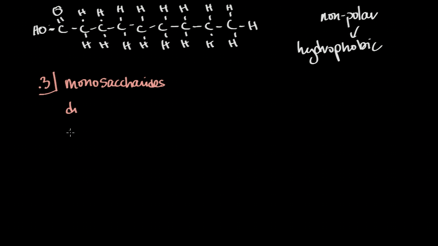I'm not going to write it all out. We've got di and we've got poly. So you know mono means 1, di means 2, poly means many. So what we're actually talking about here is molecules that have lots and lots of simple sugars to them. So let's list our monosaccharides and we'll talk about how the disaccharides are made up.